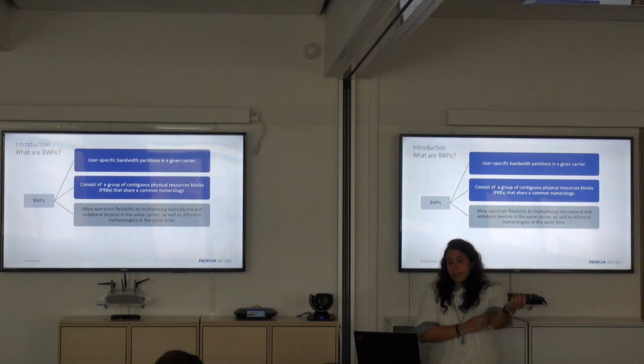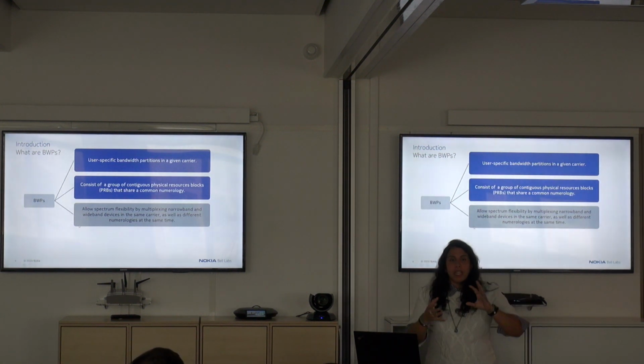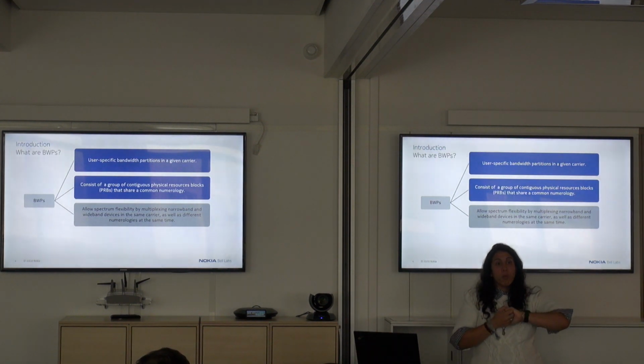Then, okay, so now what do we achieve by having bandwidth parts? We can allow spectrum flexibility, which means that we can multiplex narrowband and wideband users. Why narrowband and wideband? Because depending on the user capabilities, that bandwidth part can be very small or it can be very big.